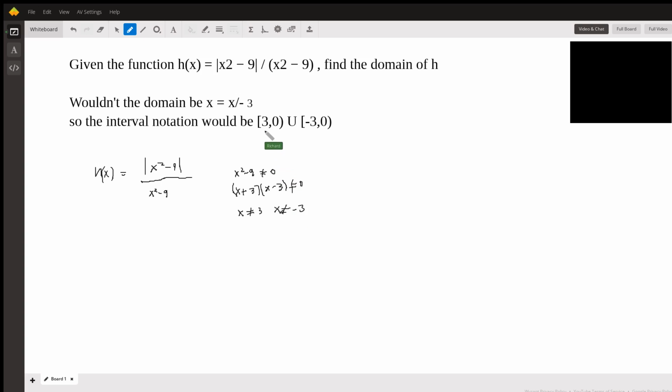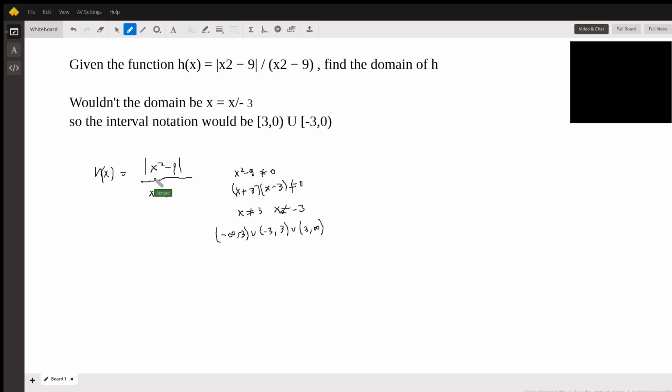And if we put this in interval notation, which appears to be what the teacher wants here, it would be negative infinity to negative 3, and then union negative 3 to 3, and then union 3 to positive infinity. And so that's a quick and easy way to do it, but I don't think it's satisfying intellectually.